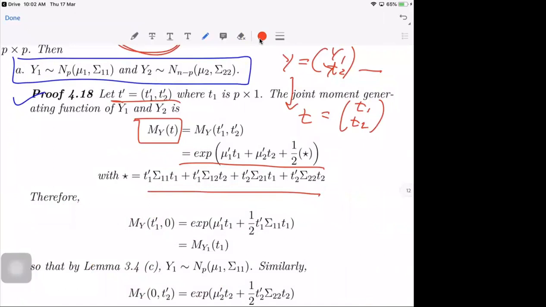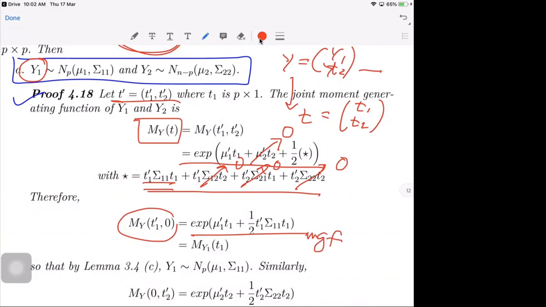So when we want the marginal of y1 only, the marginal will be when t2 is 0. That means everything with t2 is 0. So what remains is this one. This is also 0 because that is t2. But this is the moment generating function of a random variable with mean mu1.